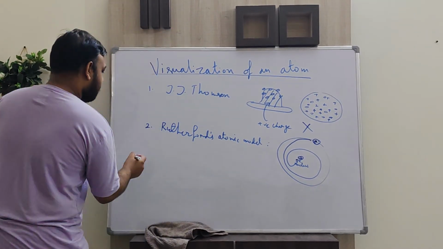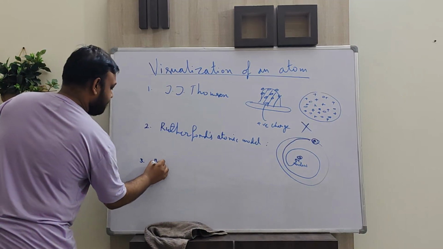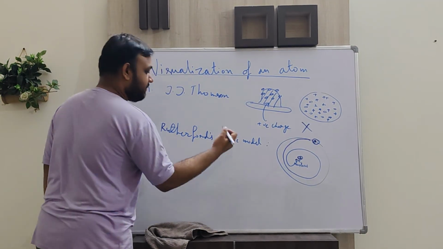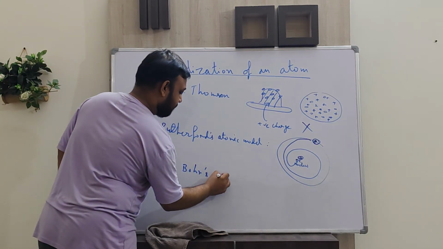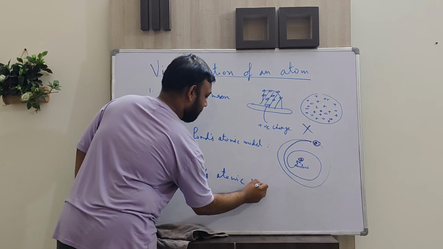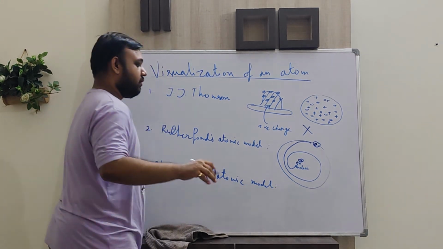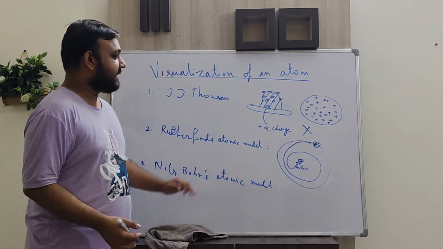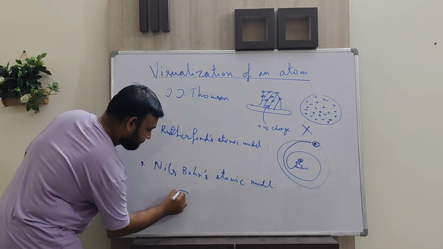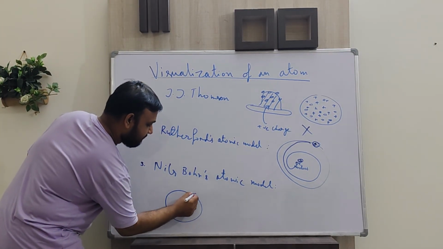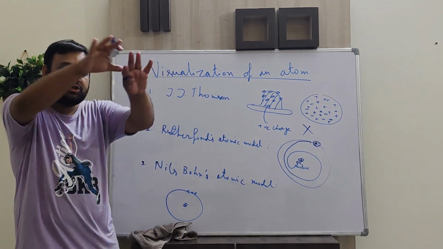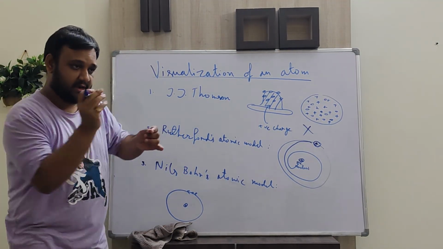So to make it clearer, Niels Bohr came into the picture. Niels Bohr's atomic model corrected that situation and said that obviously there is a nucleus, and electrons are revolving in a circular fashion, a kind of 2D situation, not three-dimensional.